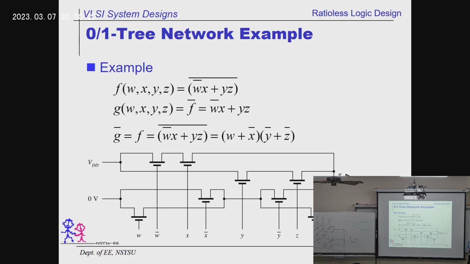It's too complicated. I think most of you like the one that I talked about at the beginning. But very likely I will give this kind of thing in your exam. So it's better for you to understand how to derive it. Because in the midterm we have an exam, and in the final we need an exam. That's required by the university. So understood? So this is a 0, 1 tree network.